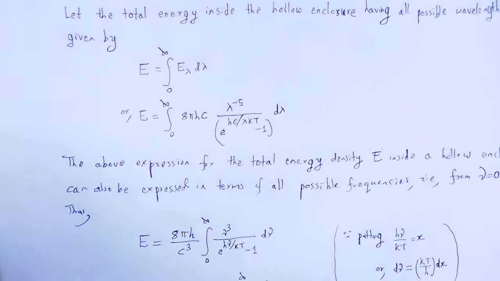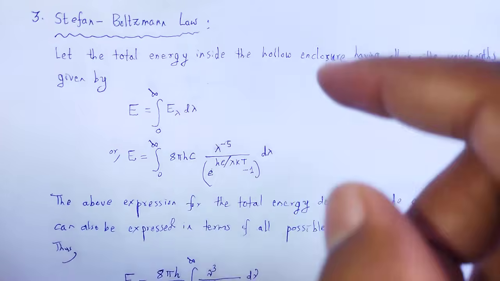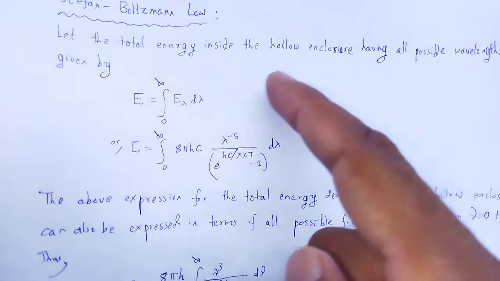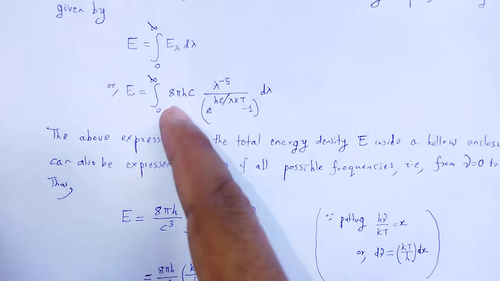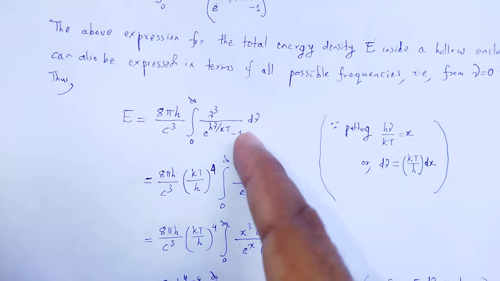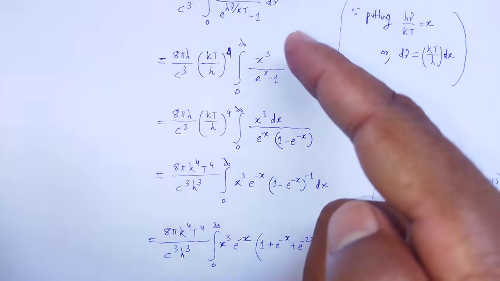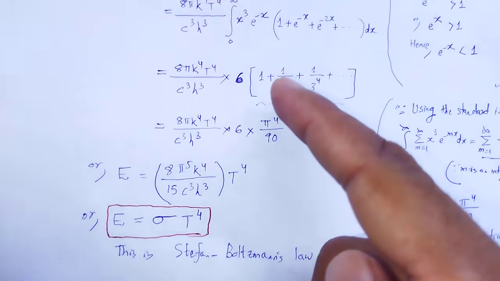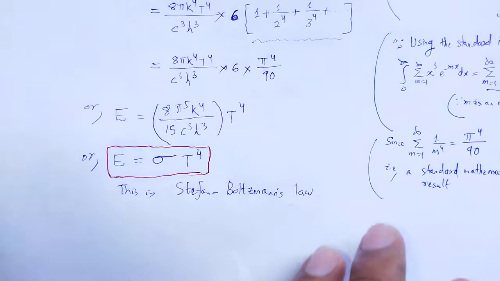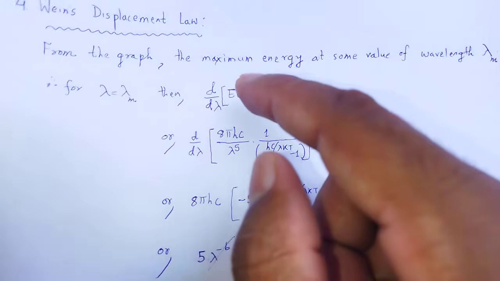Next, Stefan-Boltzmann law. Total energy inside a hollow enclosure having all possible wavelengths. Then that expression changes to the expression in terms of frequency, and finally we derive Stefan-Boltzmann's law. Next, Wien's displacement law.